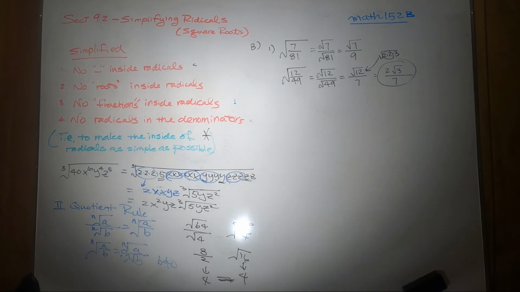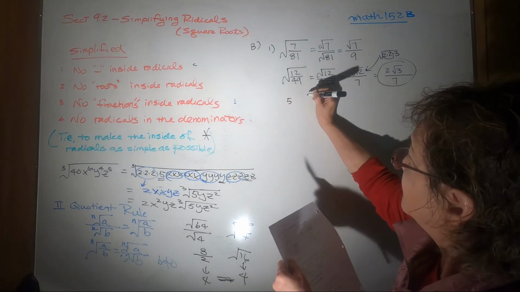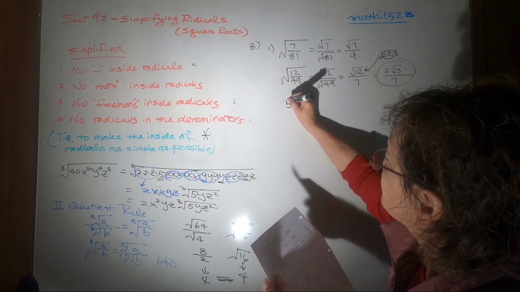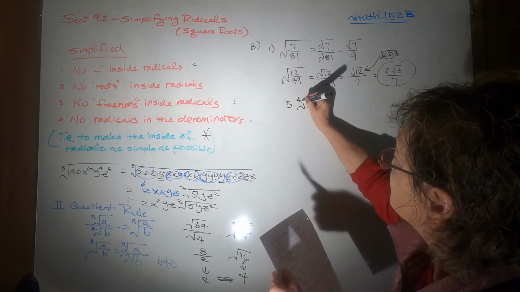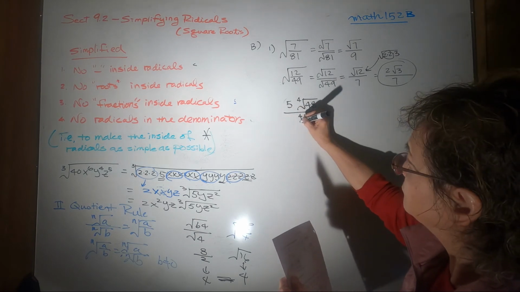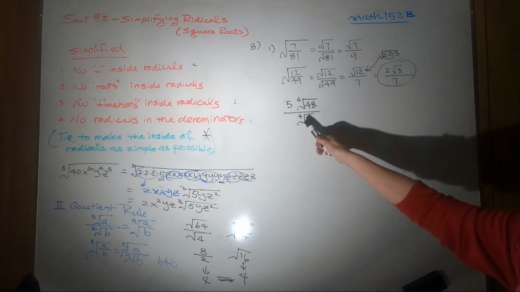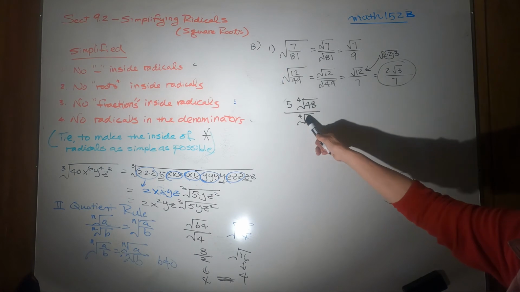Right? And if we have this one, let's take a look. So if I have 5 times the 4th root of 48 over the 4th root of 3, just happen you look at it, both are the same roots, right?